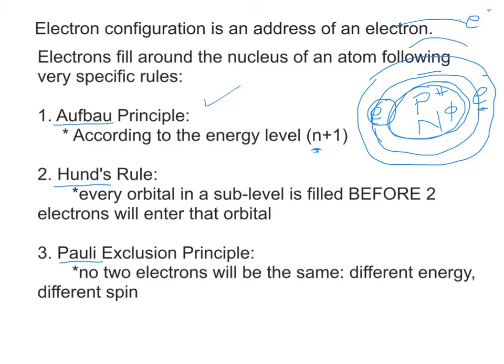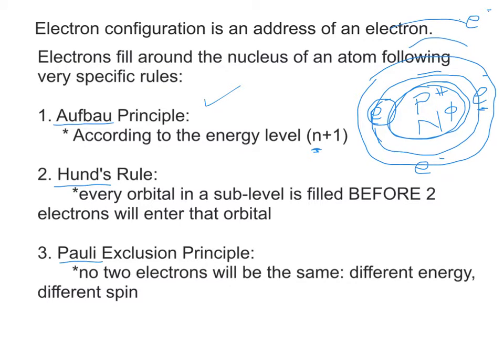Hund basically just says that when we're filling in an orbital, which we'll talk about when I show a periodic table, I can never have two electrons in the same orbital until all the orbitals are filled, and we'll talk about that in a second. Pauli says that two electrons will never be the same.